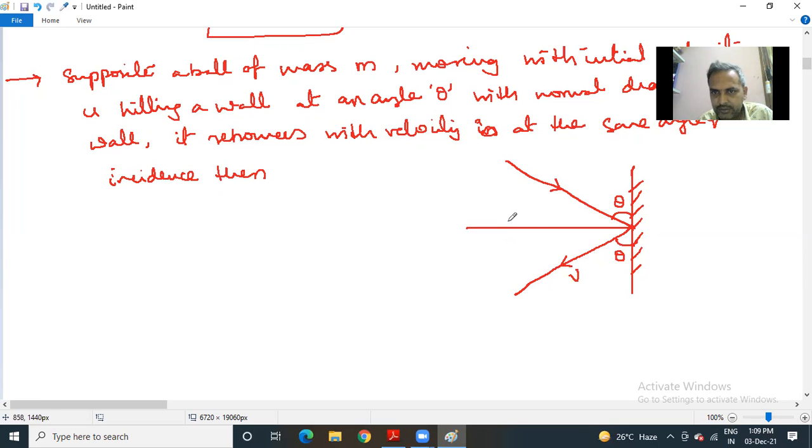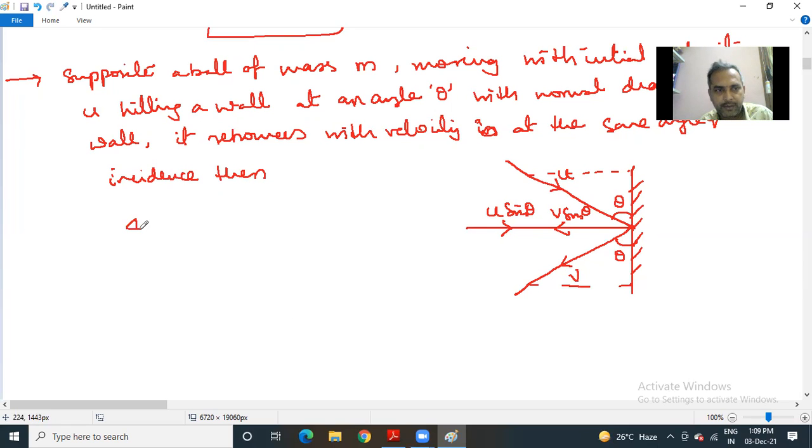There will be a resolution here for u along the normal. Sorry, this will be u sin theta, because if this is theta, this will be the opposite. So this will be u sin theta. For v also, there will be v sin theta, because this will be the opposite, and opposite represents sin theta.